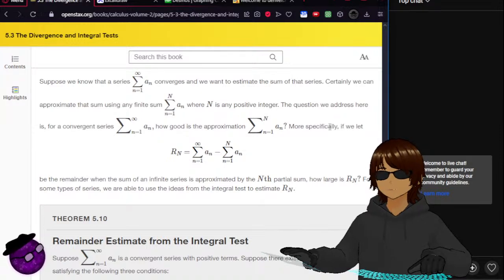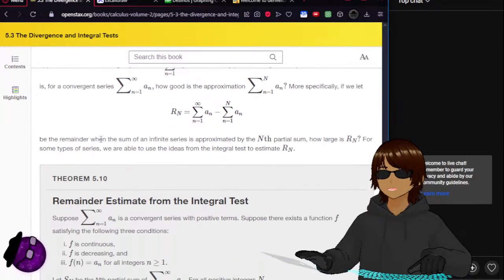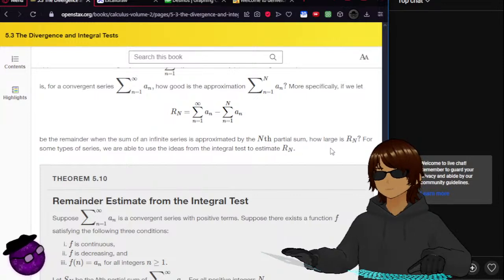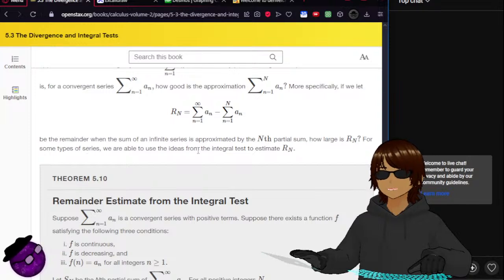More specifically, if we let Rn, equal to the sum to infinity minus the sum to n, be the remainder when the sum of an infinite series is approximated, how large is Rn? For some types of series, we are able to use the ideas from the integral test to estimate Rn.